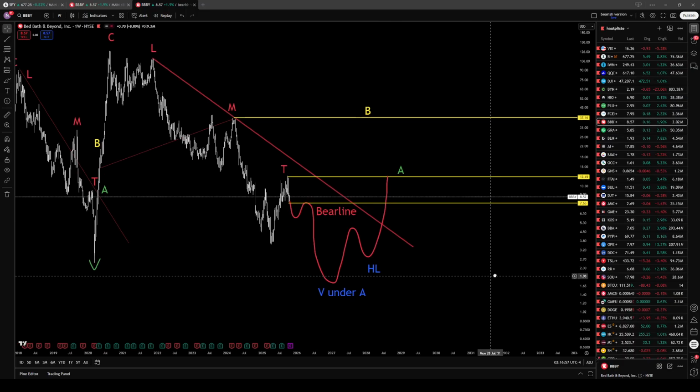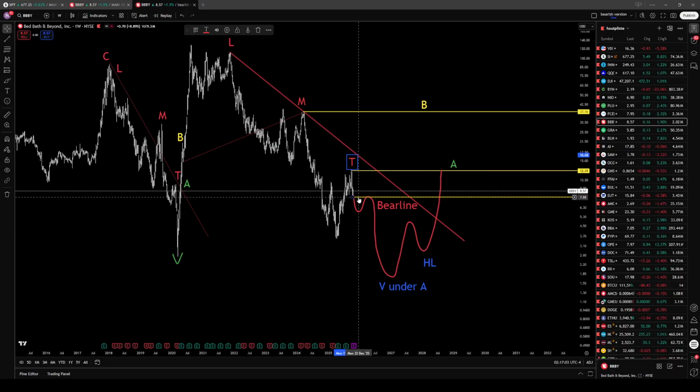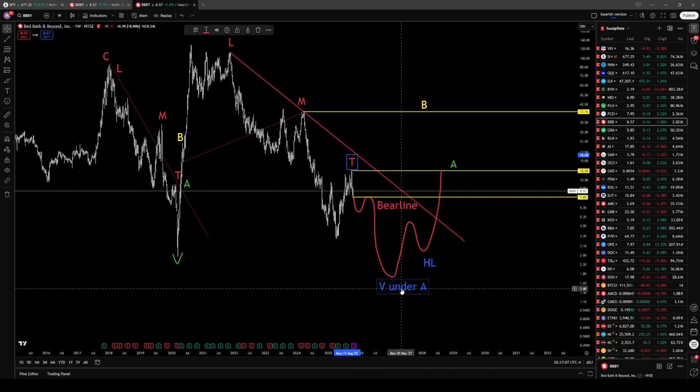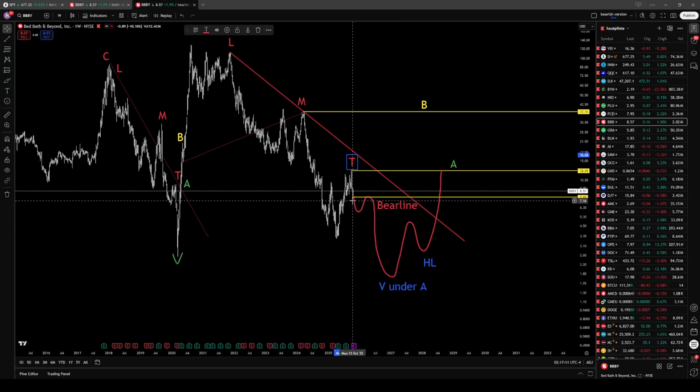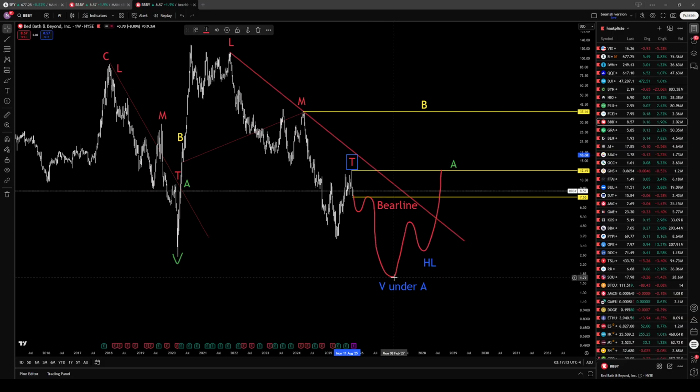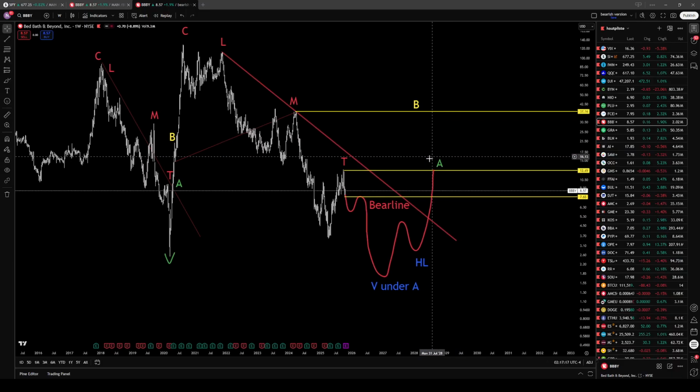Even with the bounce, this would mean this was a T peak. You will break the $7-ish again and make a new low or a higher low to 2020. Then the same V and A, higher low, and the price targets are still the same. A stays at $12, B stays at $37.